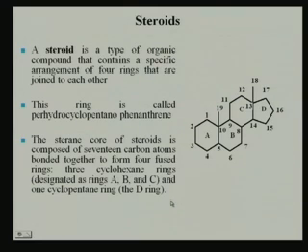Now I will come to another type of lipid moiety, which is called the steroid. A steroid is a type of organic compound that contains a specific arrangement of 4 rings joined with each other.